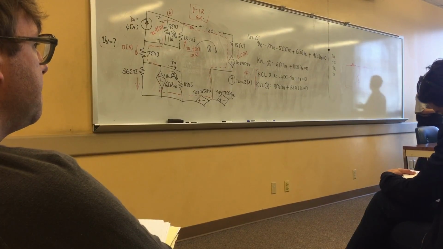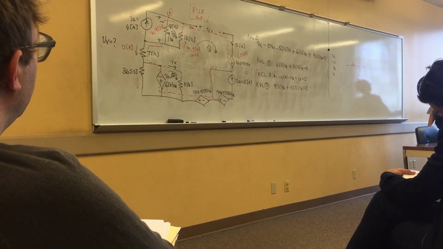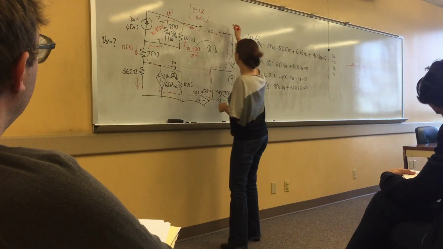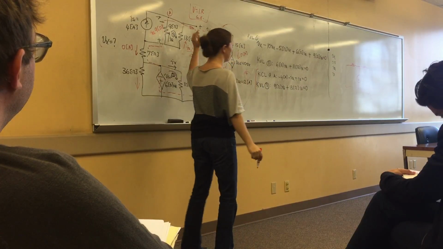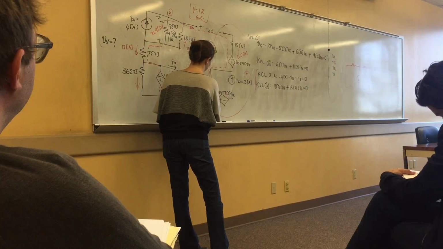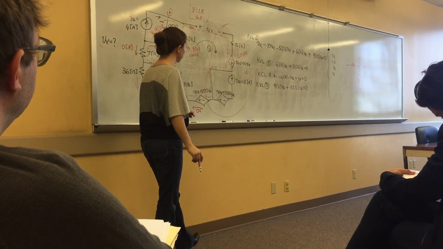Okay? Is the current through VS3 zero? Yes. Because if you draw a closed surface like that, nothing is coming in, the only branch is this one, so the current here will be 0. So can you figure out Ix from this?